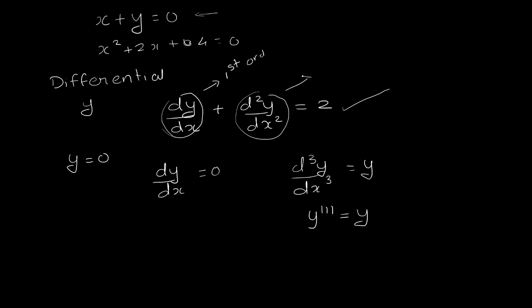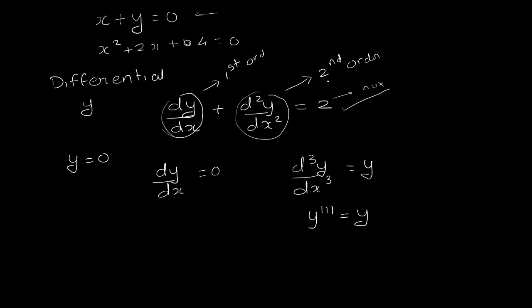This is the second derivative, the second order derivative. And this is not a derivative, so we are not considering this. Now, out of the derivatives present here, one is first order, one is second order. So which one is the highest order derivative?